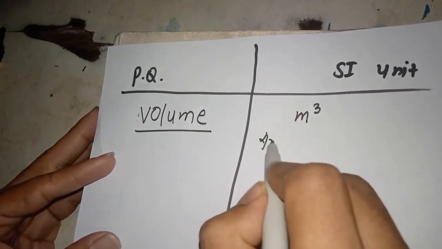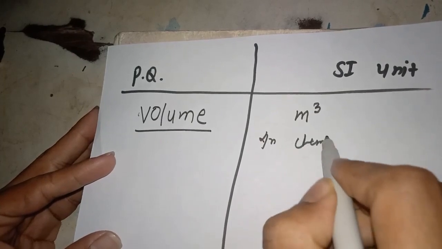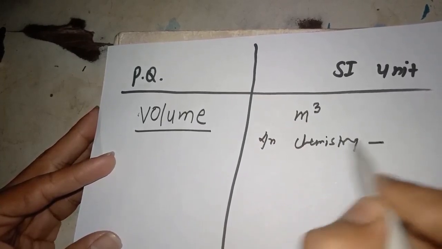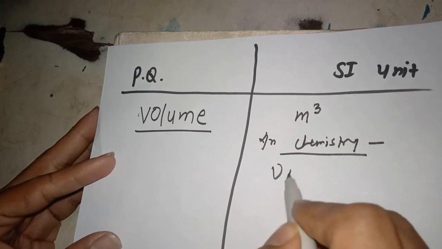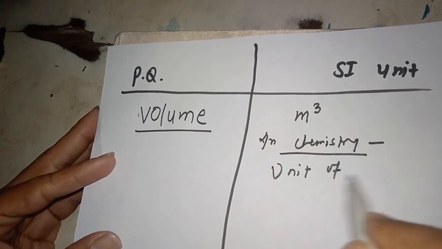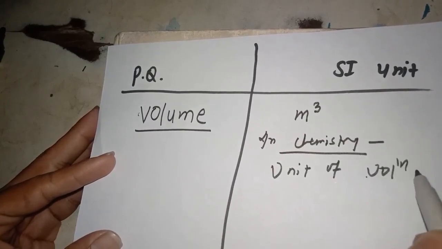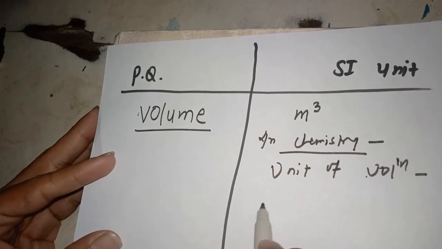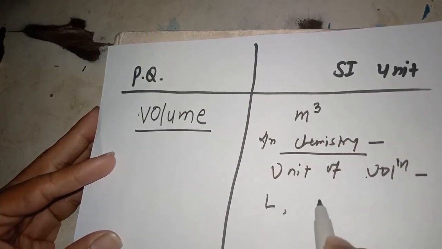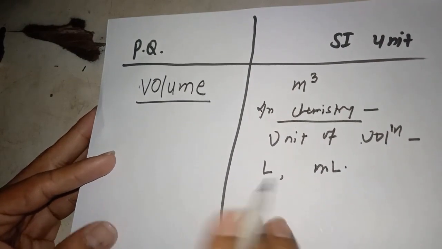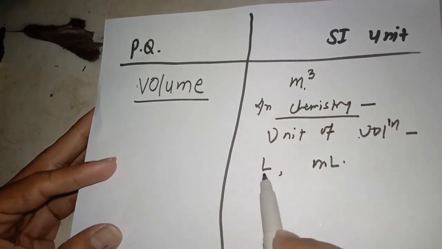But in chemistry sometimes its unit is different. So in chemistry, the unit of volume is liter, or generally milliliter.